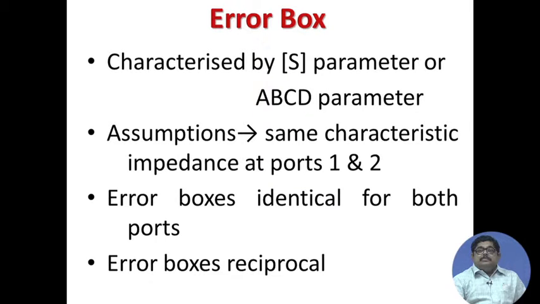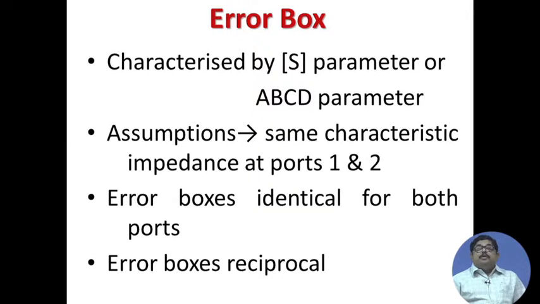some assumptions are made, but if the assumptions are not valid, you can always rework it. At the two ports, whatever extra things you connect, the error causing connectors, etc., are symmetric and have the same characteristic impedance. Now, if not, you know how to handle different characteristic impedance; in the generalized S parameter, we have shown you that.